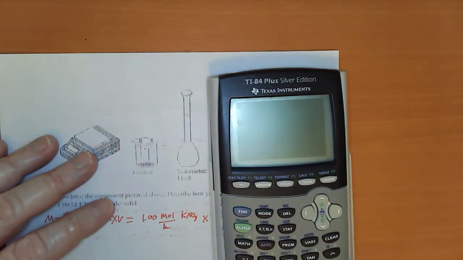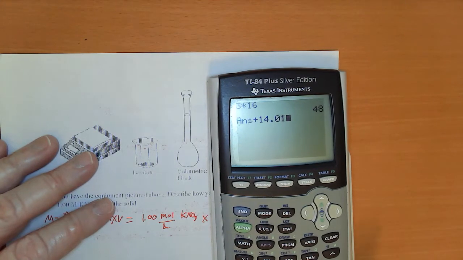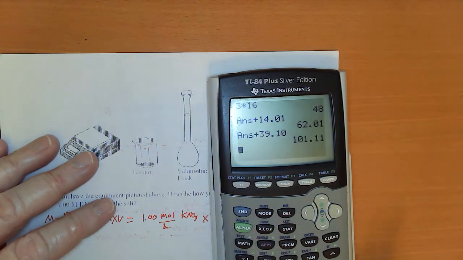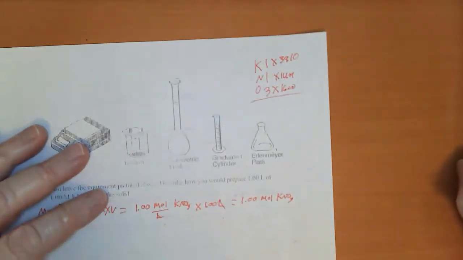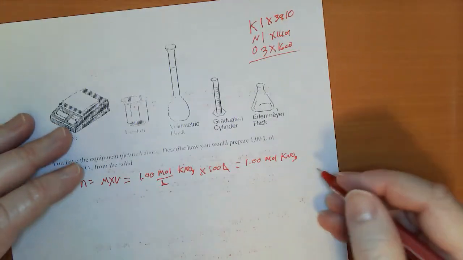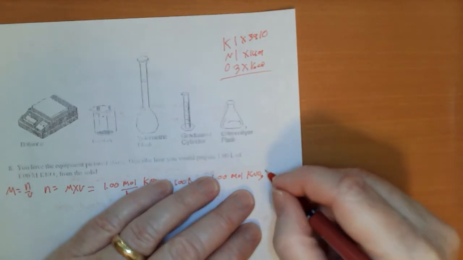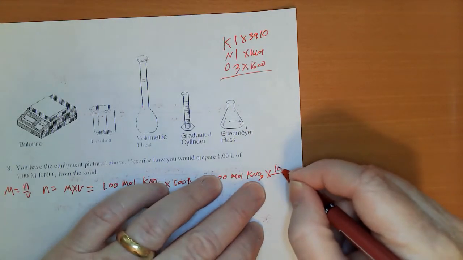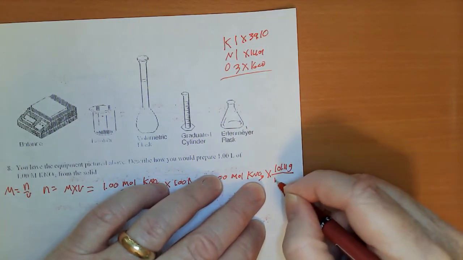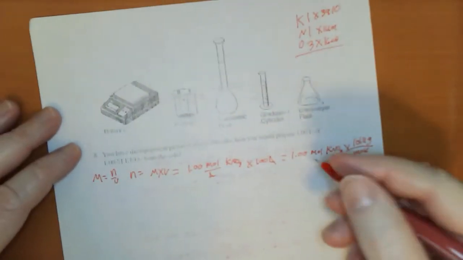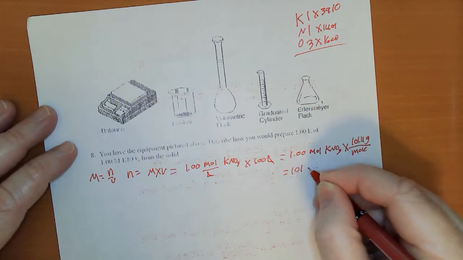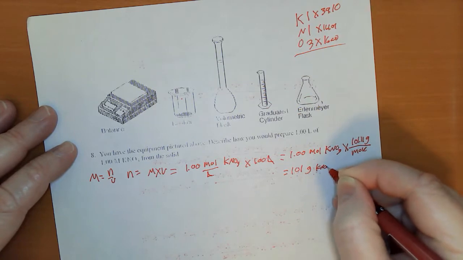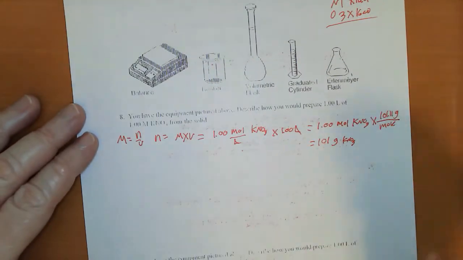So here, 3 times 16 plus 14.01 plus 39.10, and I'm getting 101.11. So 101 grams times 101.11 grams per mole. So 101 grams KNO3. So here's what I would do.